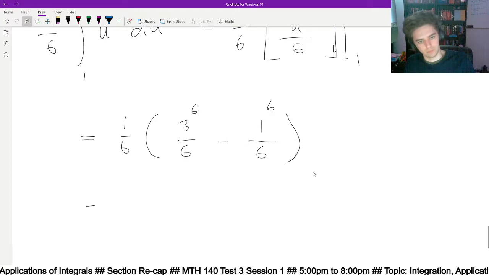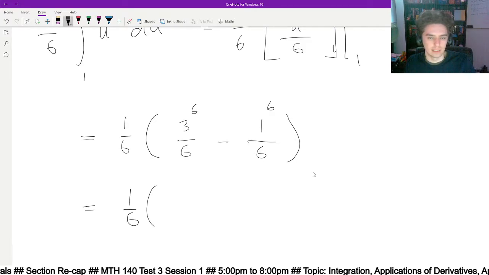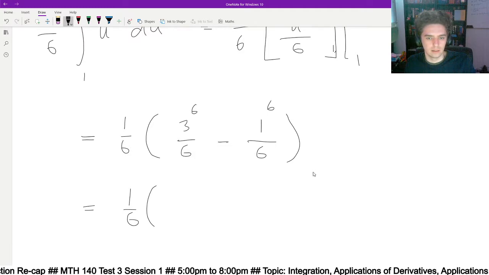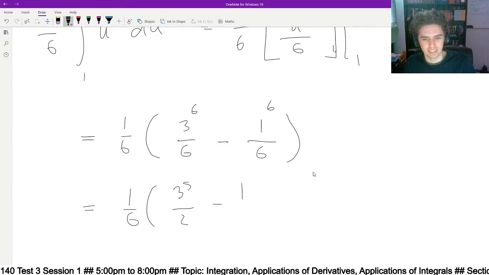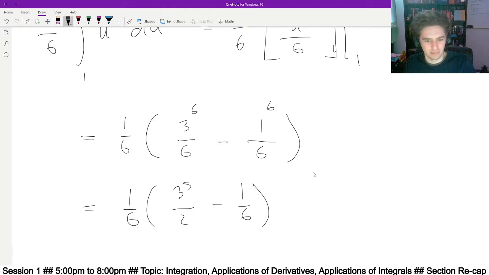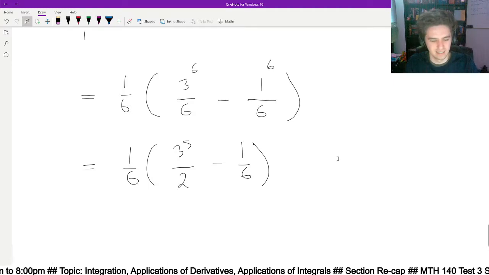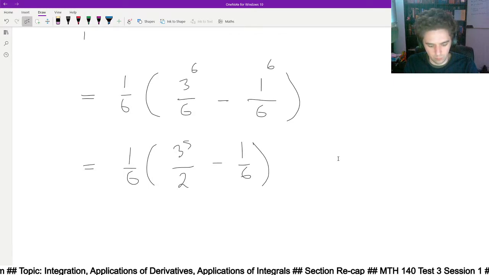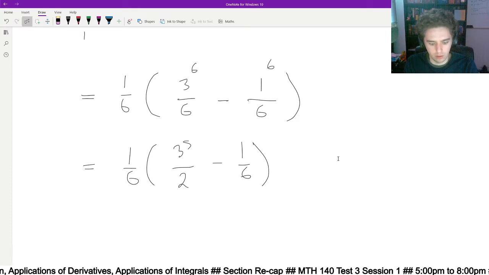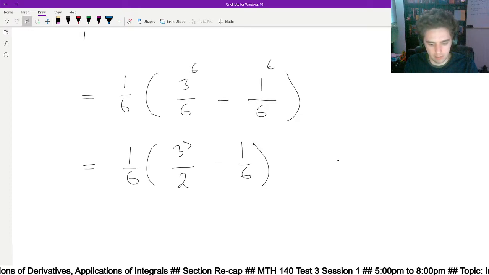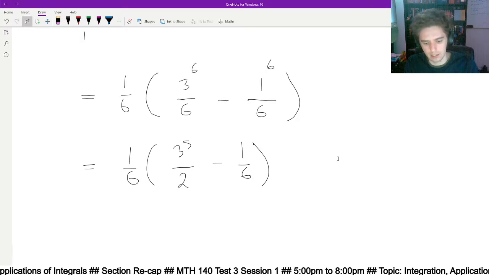So 1/6 times 3 to the power of 5 over 2 minus 1/6. And I don't know past that. I'll plug it into my calculator, I guess. 1 over 6 times 3 to the power of 5 over 2 minus 1/6. So I got 182 over 9.